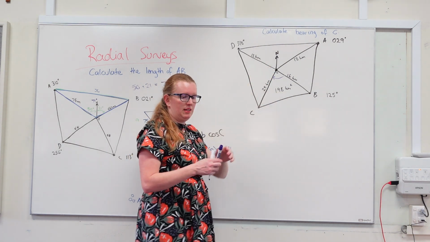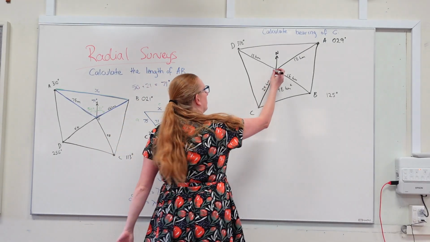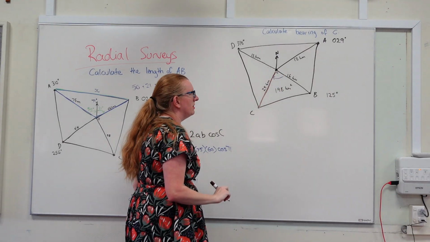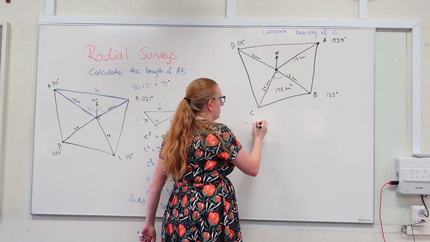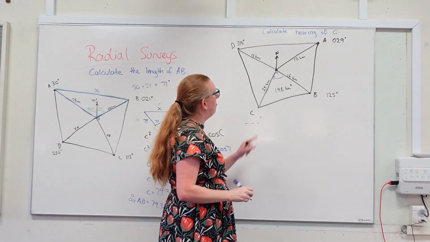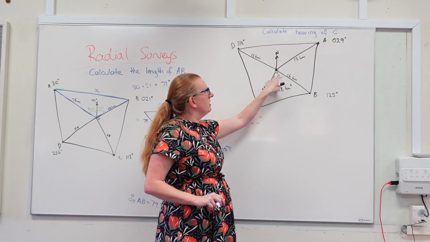Let's look at this one here. Let's look at the purple side. So I'm trying to find the bearing of this line. I'm just going to go over in brown there. Bearings are 3 digits with a little angle symbol. Now, I'm going to need to find how big this angle is in here.